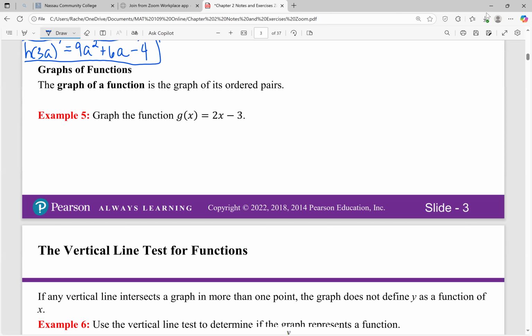So let's set up our x and our y axes. I'm going to go out to positive and negative 7 in each direction. That's what I have room for.